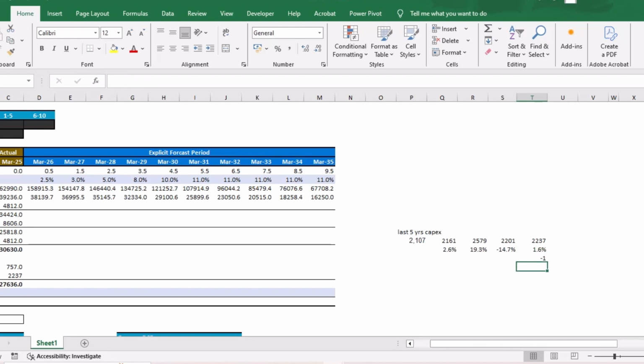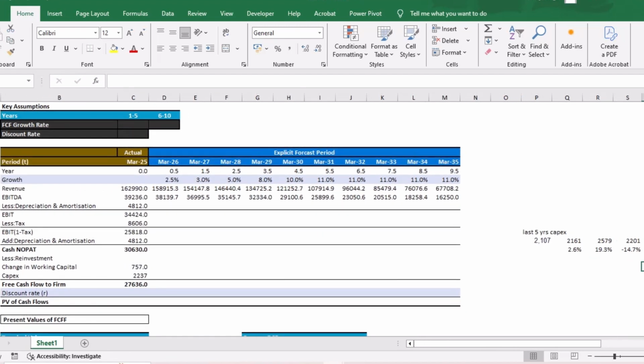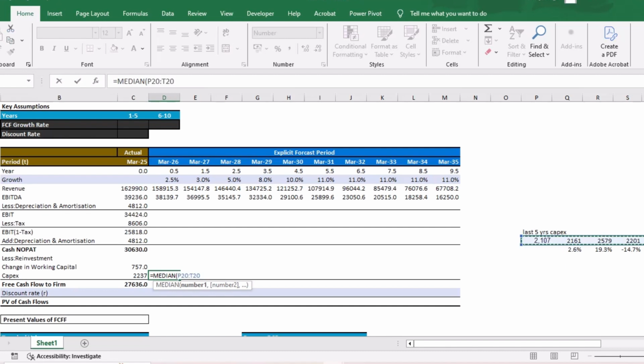See, here also the same thing applies. If the company has given the guidance that they are planning to have a great capex in the next 3 to 4 years, then you have to allocate on that basis. But in our case, there's no such guidance. We can rely on the past data. So for FY26, I can take the average, the median figure is better, the median figure of the past 5 years.